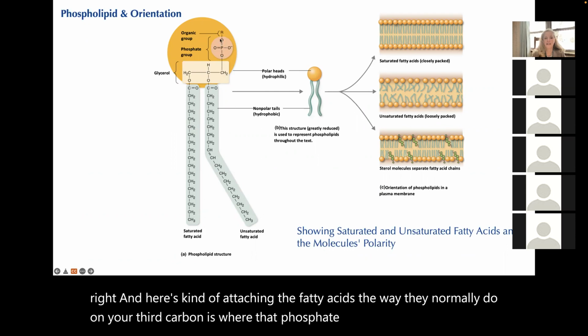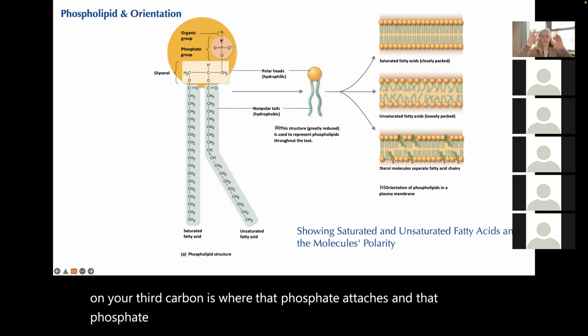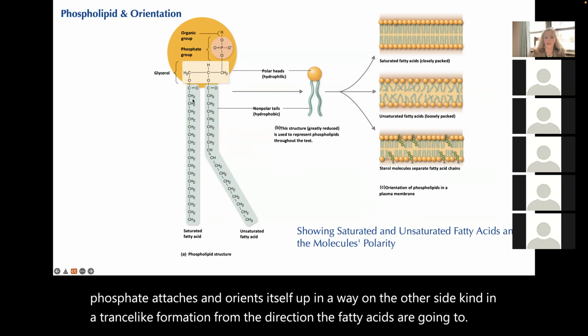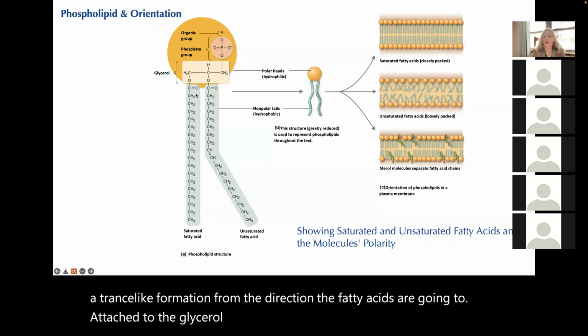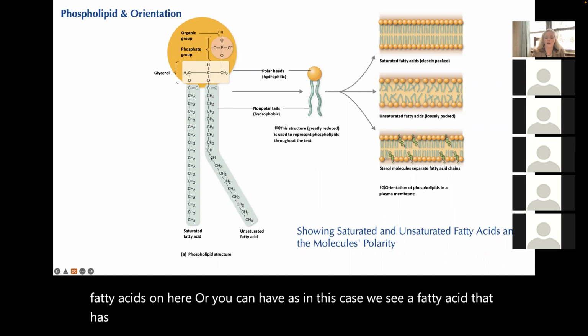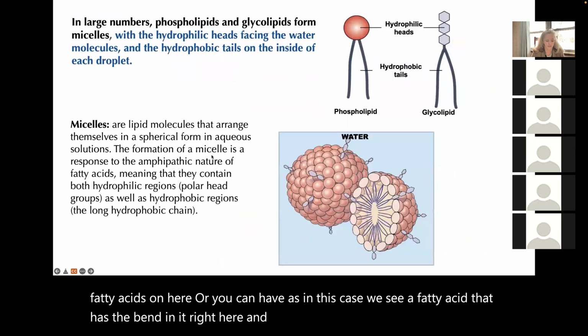And that phosphate attaches and orients itself up and away on the other side, kind of in a trans-like formation from the direction the fatty acids are going to attach to the glycerol molecule. So you can have completely saturated fatty acids on here, or you can have, as in this case, a fatty acid that has the bend in it right here, an unsaturated fatty acid.